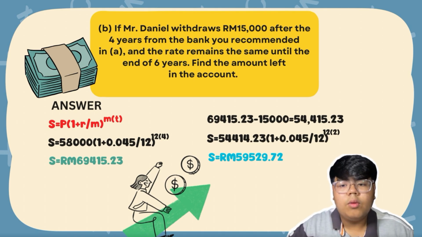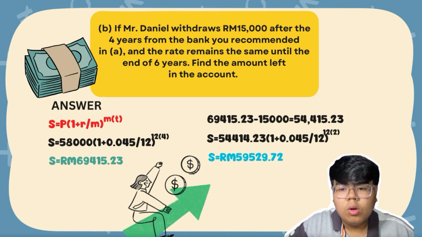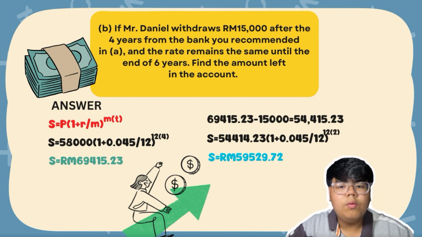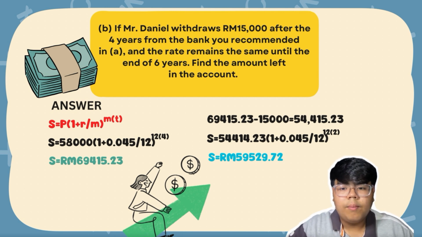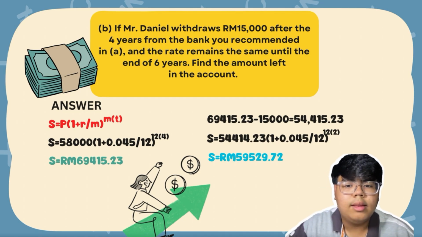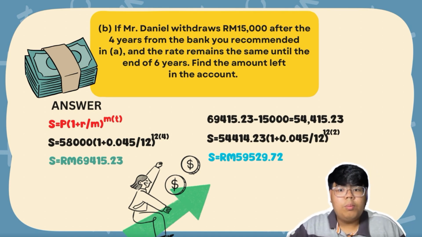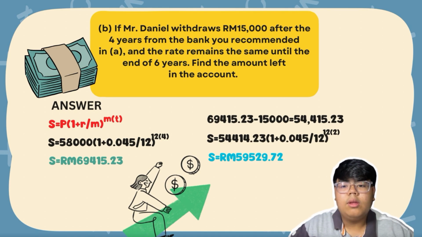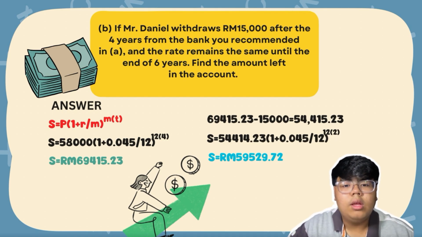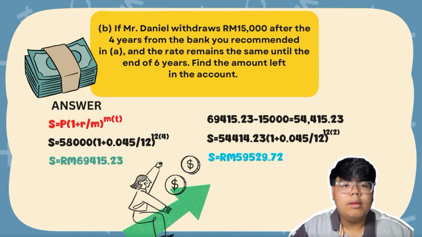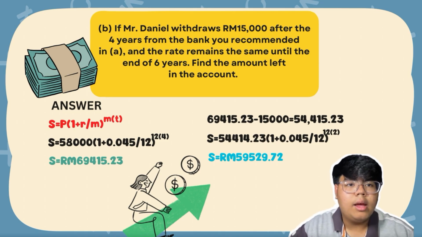For the balance of 2 years, we use 54,415 ringgit 23 cents as the principal and we change the T to 2. The final answer for question 2B is 59,529 ringgit 72 cents, which is the balance of Mr. Daniel's account.